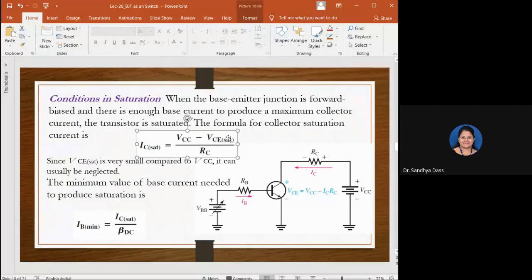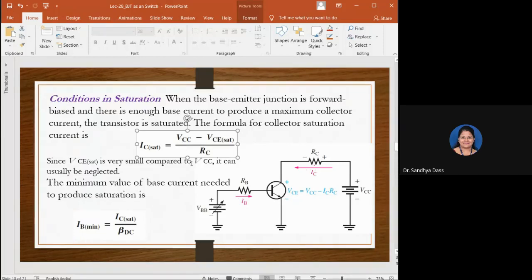It is very small compared to VCC, so it will generally be neglected. To get the saturation collector current, you can simply use VCC by RC, neglecting VCE sat since it is very small compared to VCC.